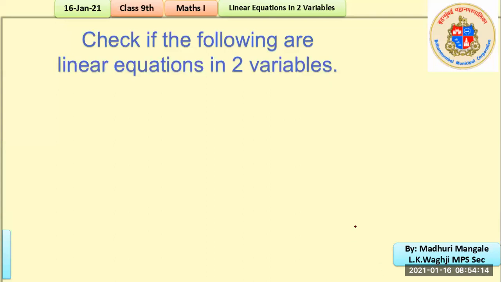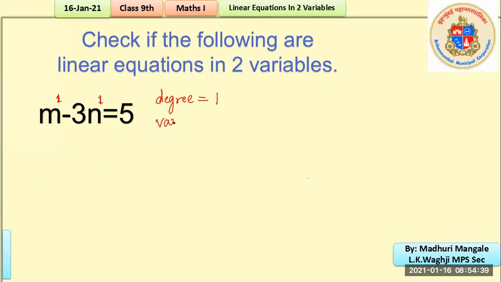Identify if it is a linear equation in two variables. Okay, so that is the first question. We need to check if this is a linear equation first. Is it linear? So we see the highest degree is 1 on both of them, right? The highest degree is 1. And how many variables are there? So first thing, the degree is equal to 1.